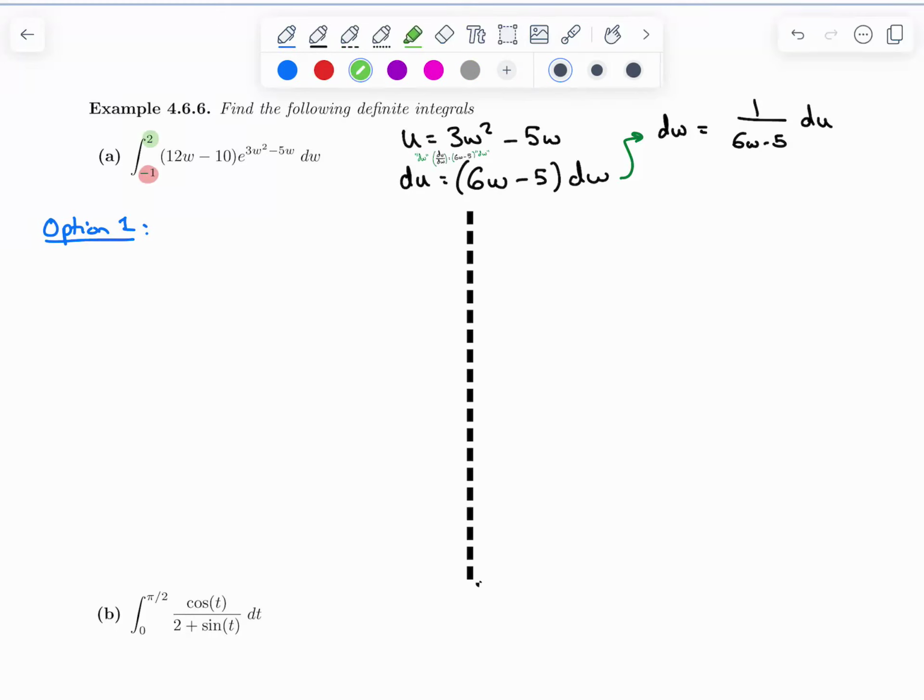And you'll see what I mean. So if x is equal to 2, then u will equal 3 times 2 squared minus 5 times 2, which ends up being 3 times 4, that's 12, minus 10, that's 2. Did I change the bounds in this one?